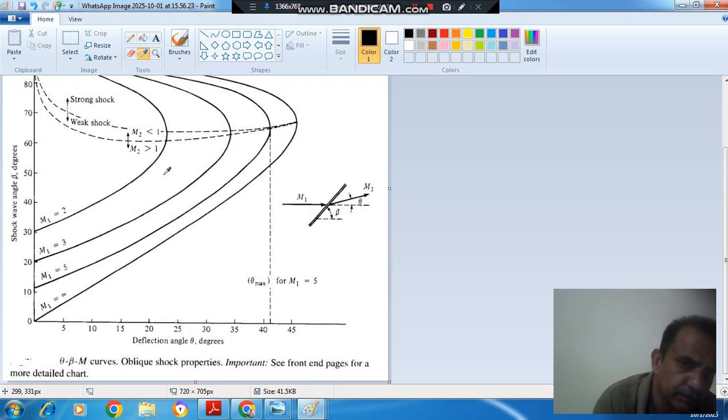If theta exceeds this value, there is no solution, and the shock will be a detached, curved shock. If theta is less than this value, then there is a solution for each theta, which we will see.